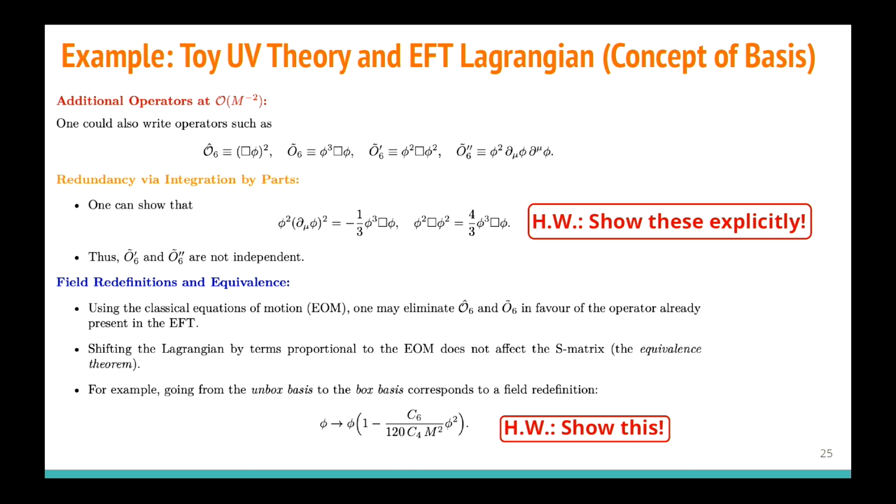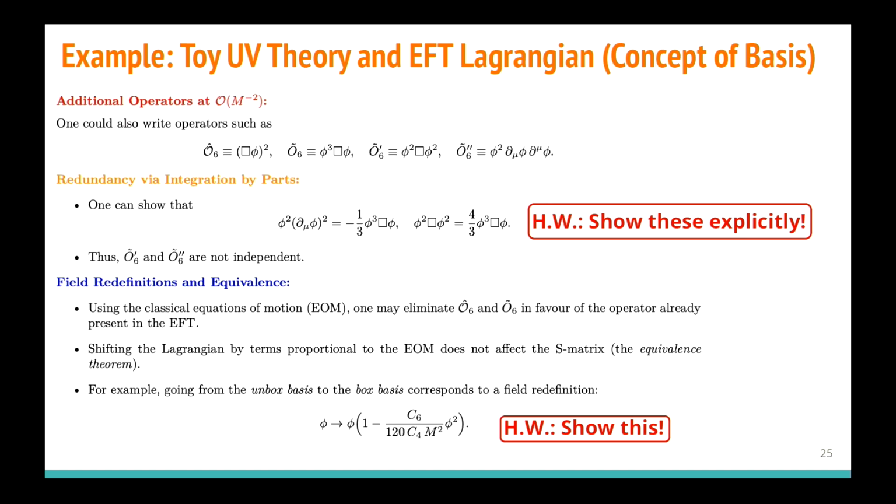The equivalence theorem basically says that if we have a transformation of the field phi which is a good transformation, by good I mean that it is a local transformation, then the S matrix calculation will not change. However, if we have a non-local transformation, the calculation could change, so it would be called a bad transformation.